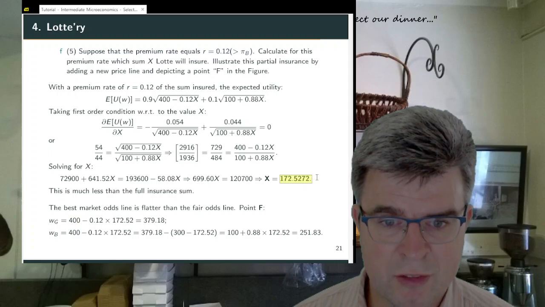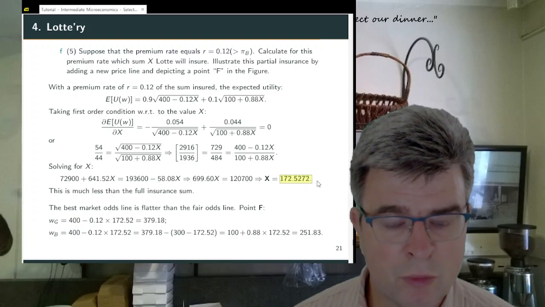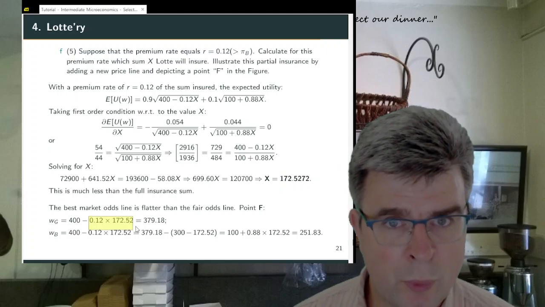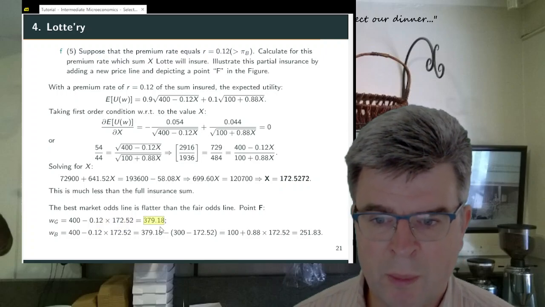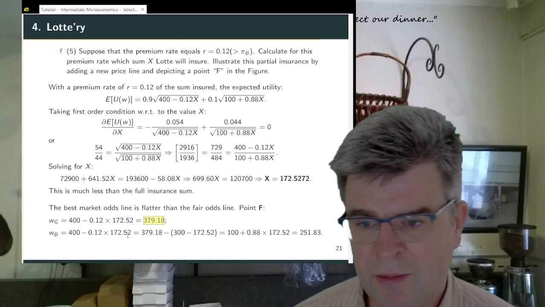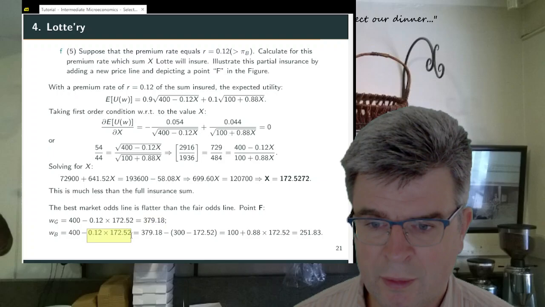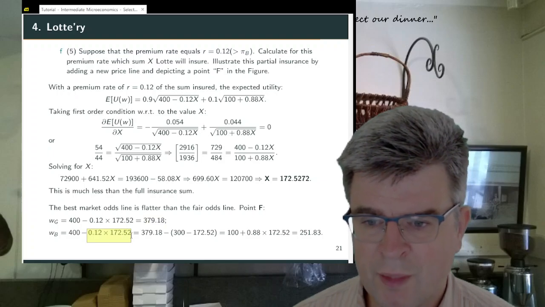Well, she decides to insure an amount of 172. The premium that she will pay is 0.12 times that amount, so she will end up with 317.18. And in the bad state of the world, she will also pay that premium.